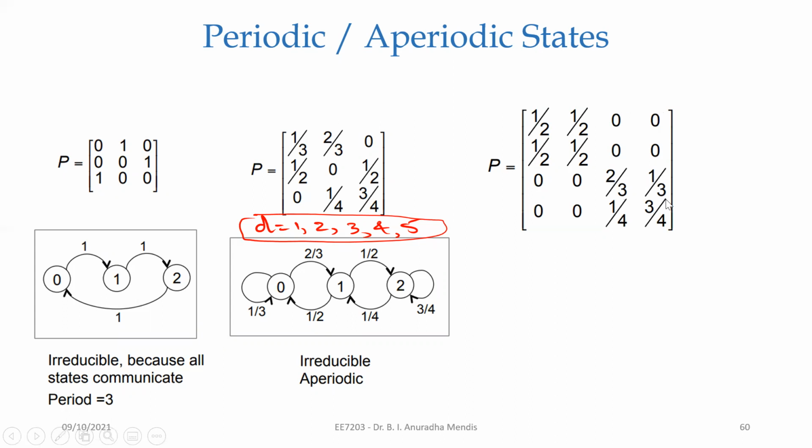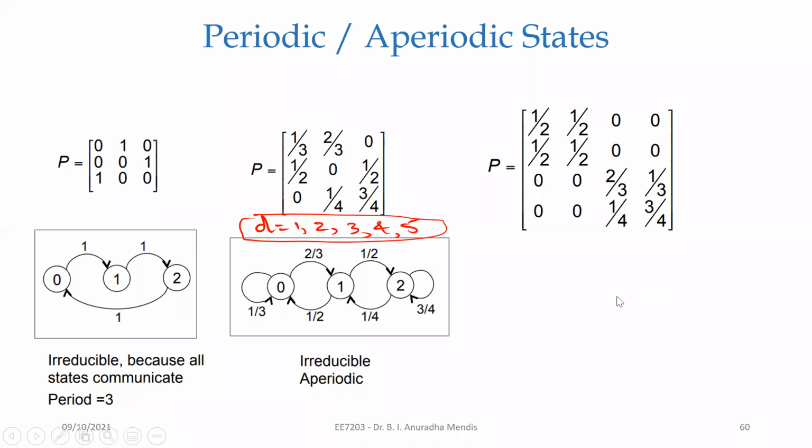And if you look at the third and fourth one, they never go to the first and second one. So it is very clear this is one communication class and this is another communication class. They do not communicate with each other. Therefore, this is a reducible Markov chain.